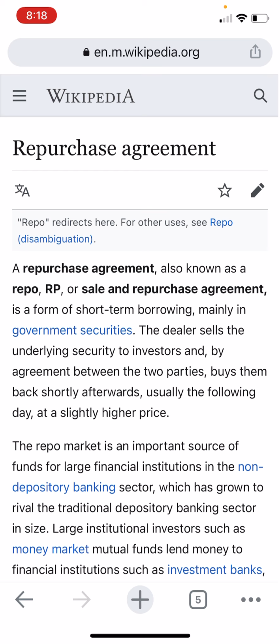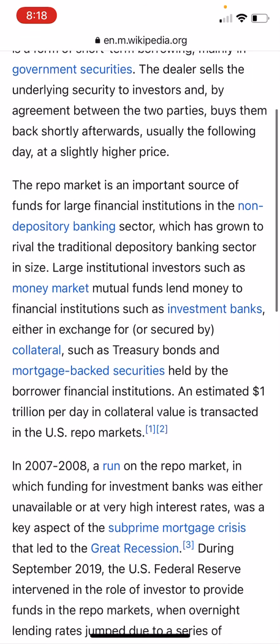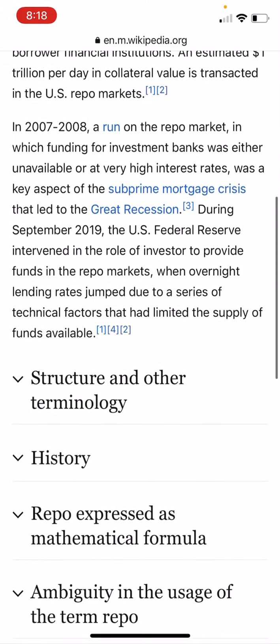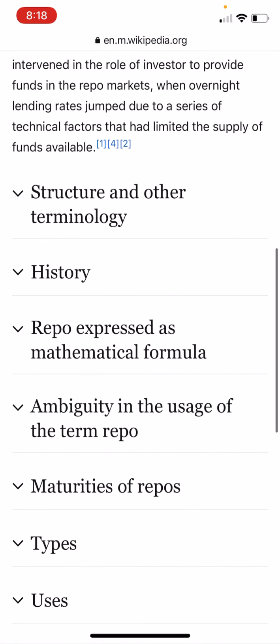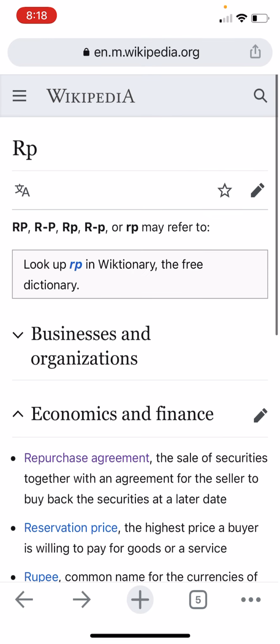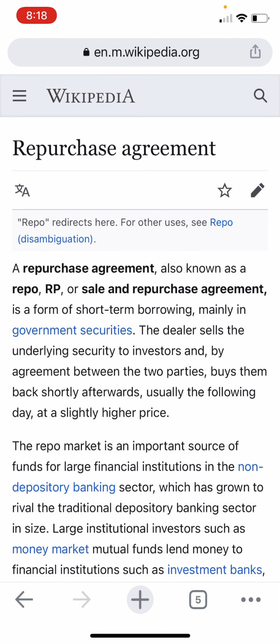The dealer sells the underlying security to investors and by agreement between the two parties buys them back shortly afterwards. Now, there is such a thing as a currency repo, and that is how people can convert currencies. So if XRP is to be used to convert value, then it is in fact a repurchase agreement in itself.